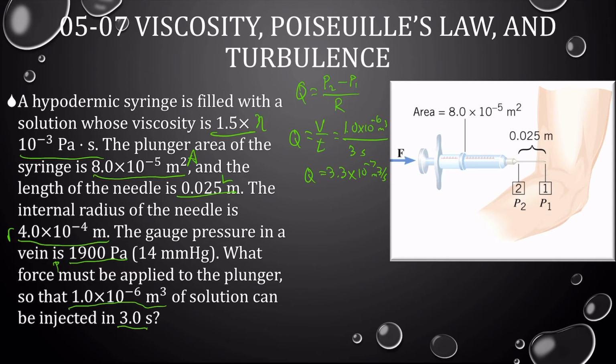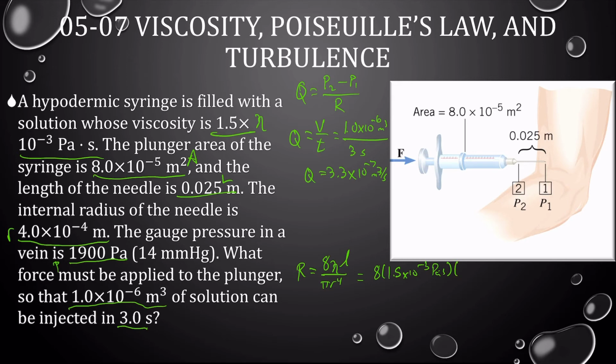We also need to know the R. Okay, so R is 8 times viscosity times the length over pi r to the 4th. So that'll be 8. The viscosity was 1.5 times 10 to the negative 3 Pascal seconds.